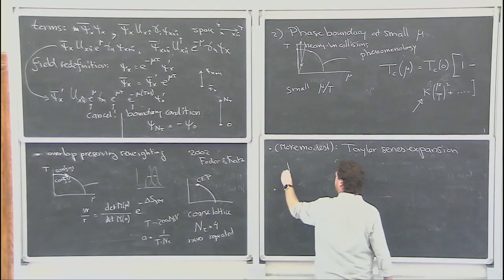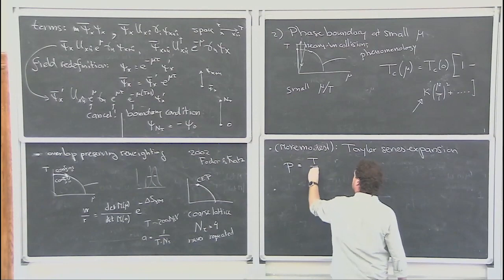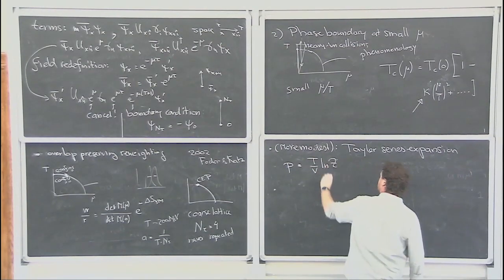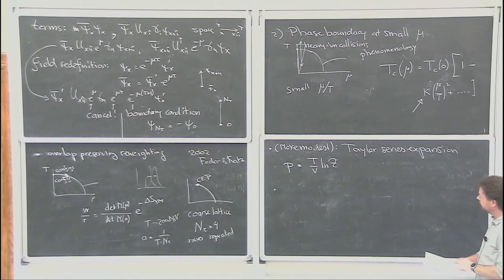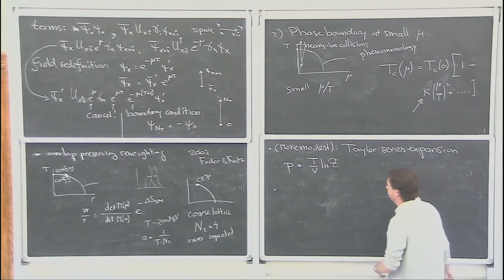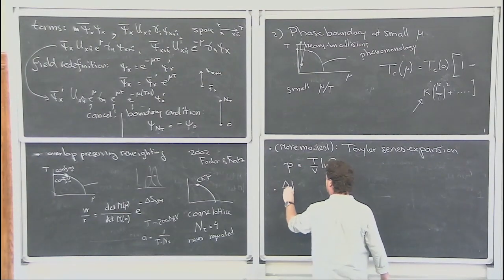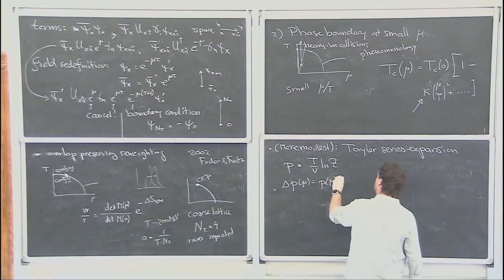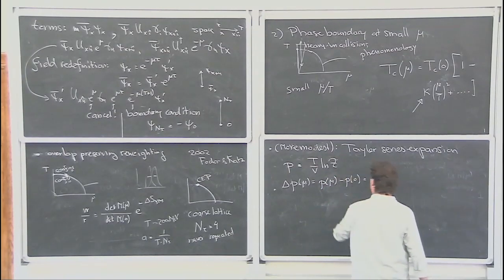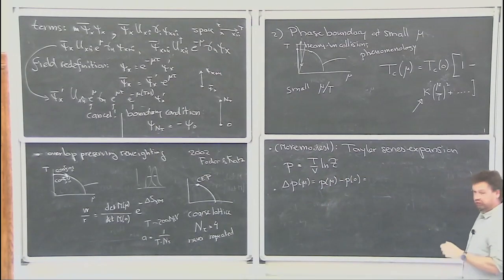Let's start with the pressure, P = T over V times log Z. And this pressure is a function of the potential. So we can look at delta P, P at non-zero mu minus P at zero mu.